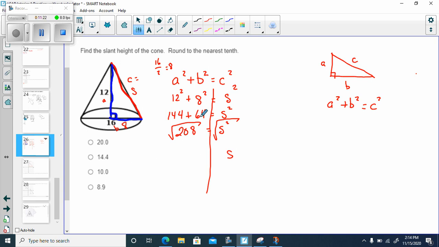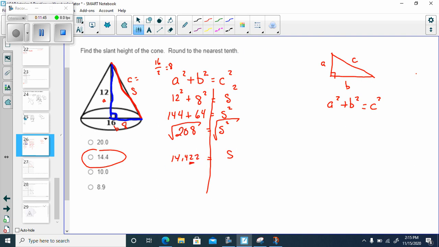The x squared button, right above it is the square root. Square root 208 equal. You should get 14.422. Your slant height, 14.422. Which one do I have here? Yep, 14.4, because it said rounded to the nearest tenth.